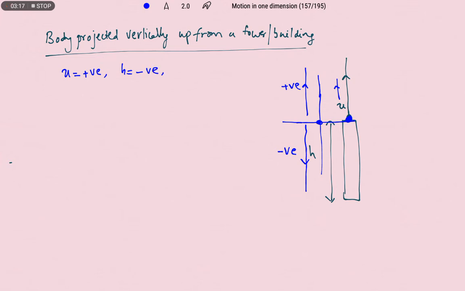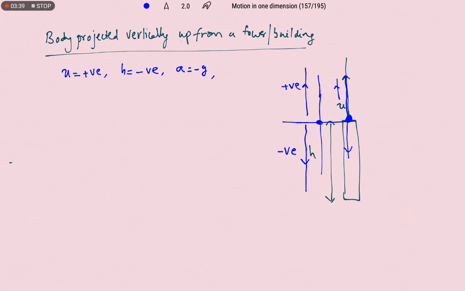What about acceleration due to gravity? As the object is moving upwards, the acceleration due to gravity acts downwards, so it can be taken as minus g. The remaining quantities we will get after simplifying the expressions.